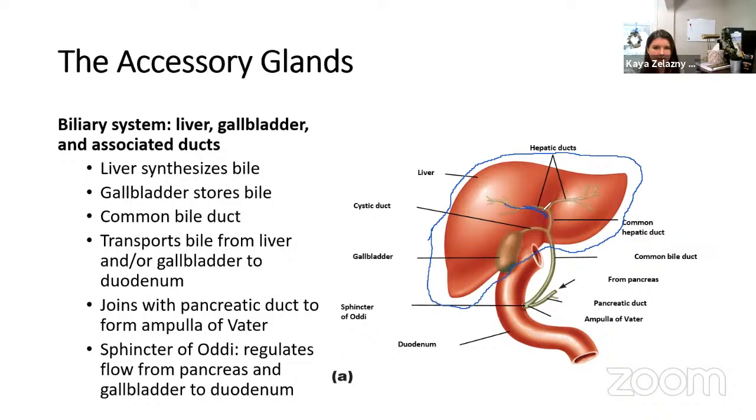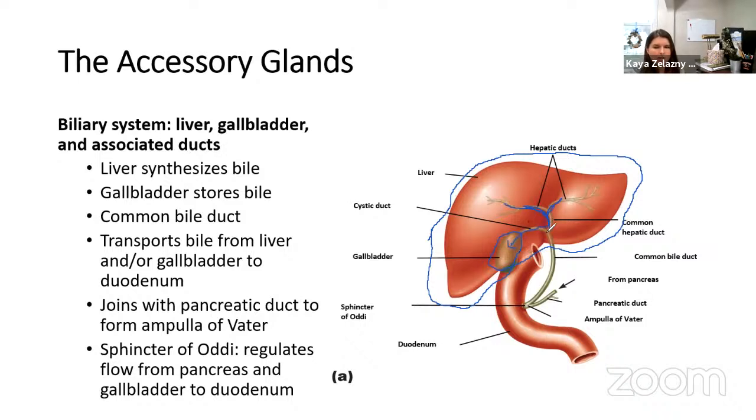So we saw that there was a right and a left hepatic duct leading into our common hepatic duct. We also have the gallbladder sitting here. And so the gallbladder, right under the liver, sometimes we're going to funnel bile into there, or we're going to store it for later use.